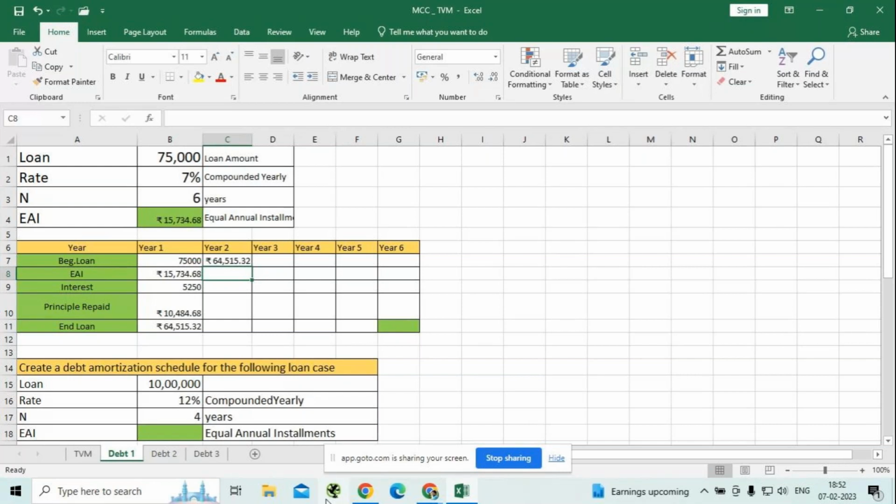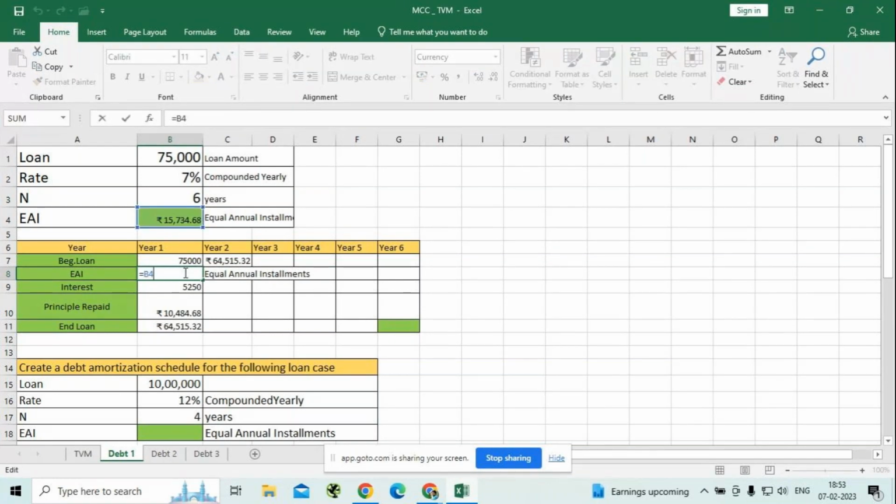Okay. So now if I drag this, it is going to take the wrong information. Why? So how to solve this? When you are going to pick the value from another cell, you should see whether this value will be applicable only for this cell or whether the same value is applicable for other cells also. When it is applicable for the other cells, what you are supposed to do is freeze it.